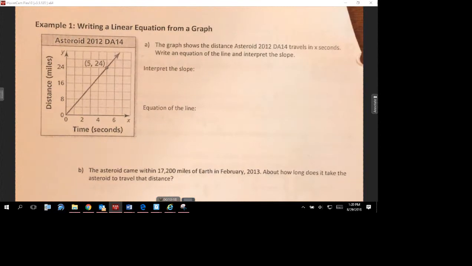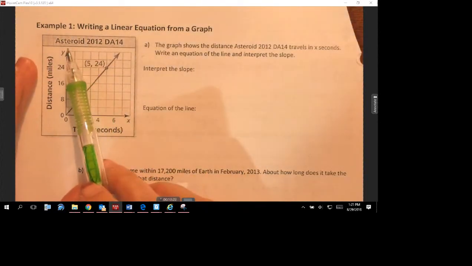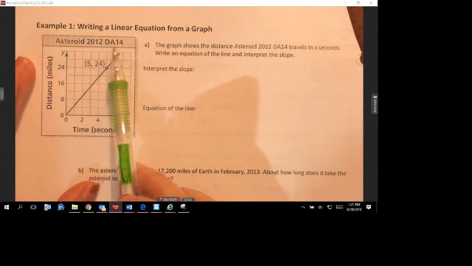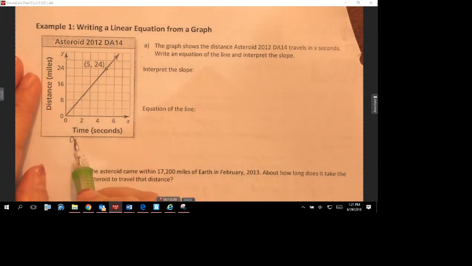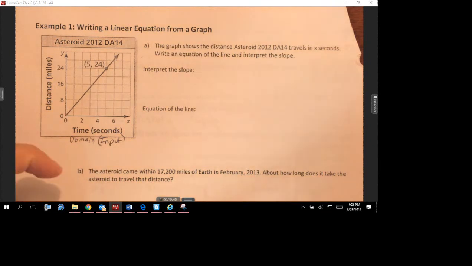All right, so we have a graph, and this graph is asteroid 2012 DA14 data. Here on the x-axis, this is the domain or the input. Time in seconds.